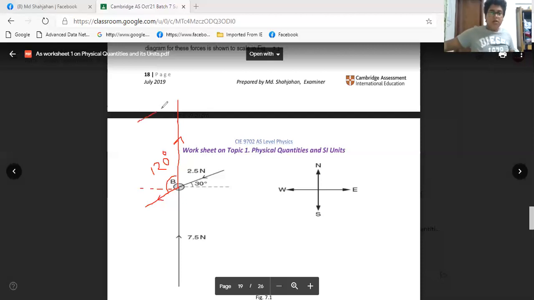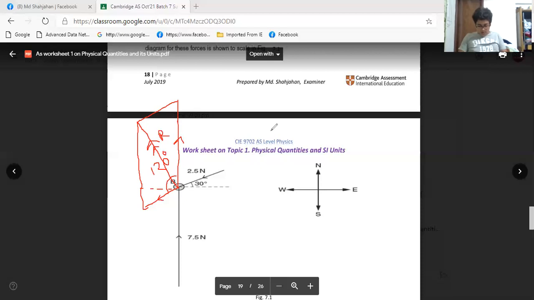So you complete this diagram. Look here, the diagonal is coming here. On figure 7.1, they told you to show the direction of resultant. We got it, R, the resultant.